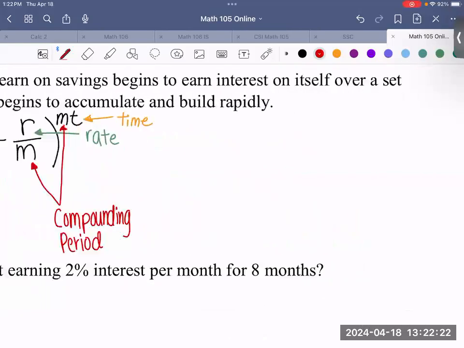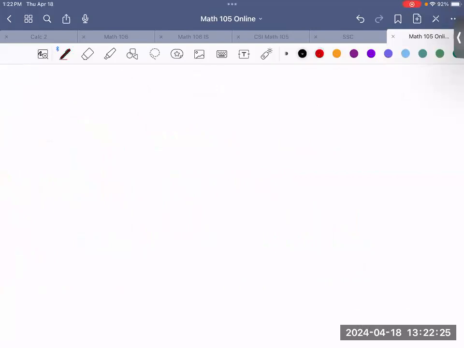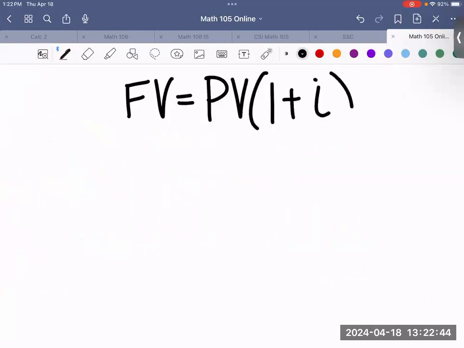Now, in your textbook, they also define this as a different equation. You'll also see this equation on any formula sheets for the in-person class, unless I've made edits in the future. So this I, they have defined in your textbook, or maybe even the formula sheet.